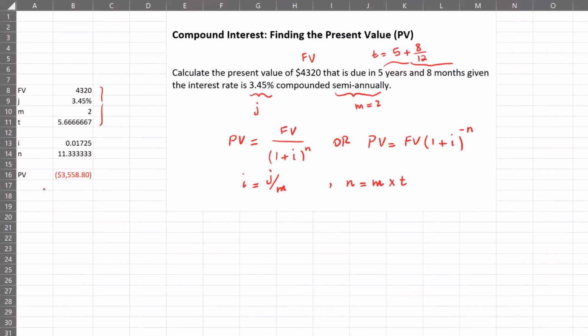So once again, the input variables for the PV function are the periodic interest rate, not the nominal interest rate, the total number of compounding periods in the term, not M. Then we have PMT, which is 0 for compound interest, and then here comes future value. And don't worry about the type. Again, this is 0 because PMT is 0 for compound interest.